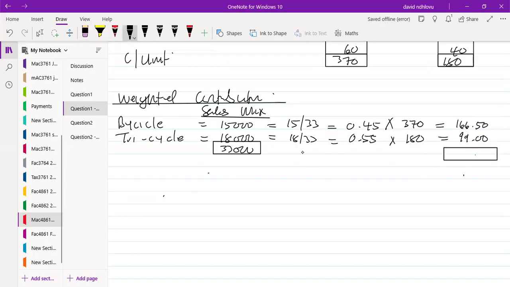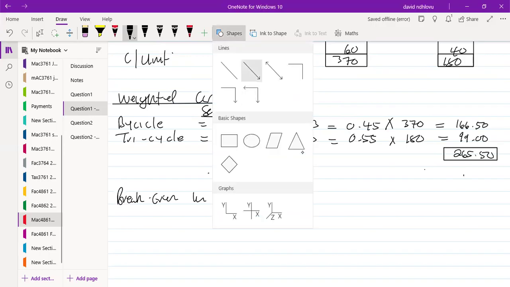Right, so we are saying 99 plus 166.5, which gives you 265.50. Once you have that, then you can calculate break-even in total.